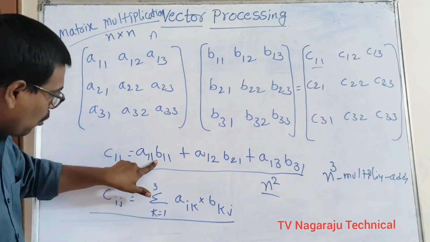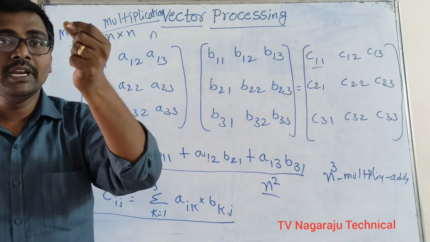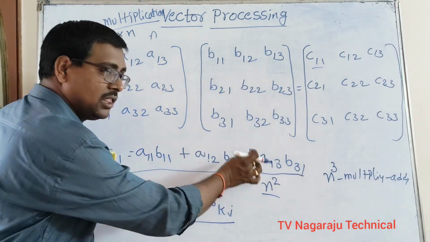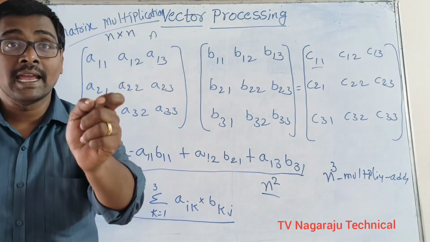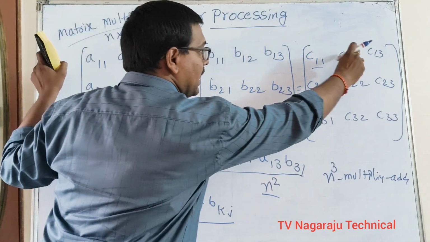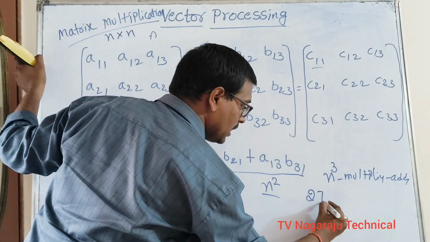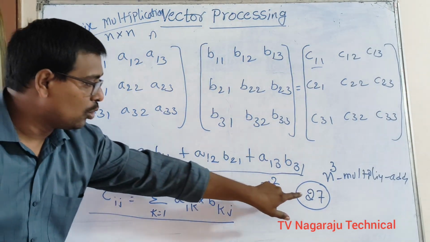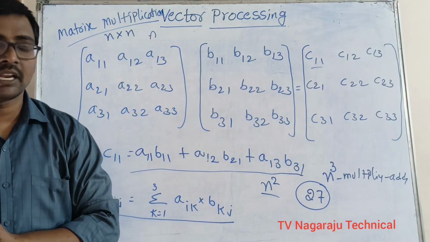After initializing C11 with 0, it required 3 multiplications and 3 additions. That is, a total of 9 multiplications or additions for one element. So for the entire matrix, 9 times 3, a total of 27 multiply-add operations are required.